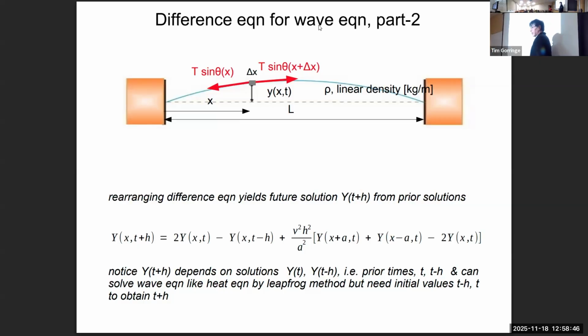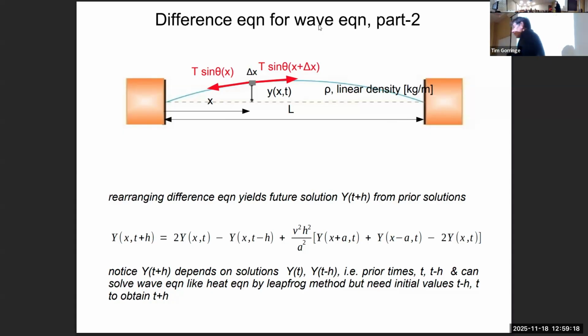Here I just rearranged it. There were six terms in there, six values of the function at different points in space and time in that difference equation. And I've rearranged it here such that on the left-hand side is the value of the function at some point in time in the future.